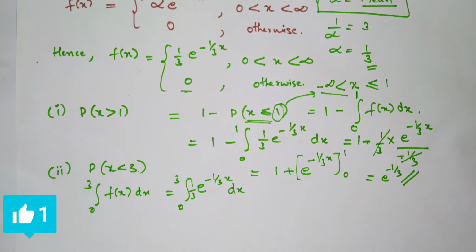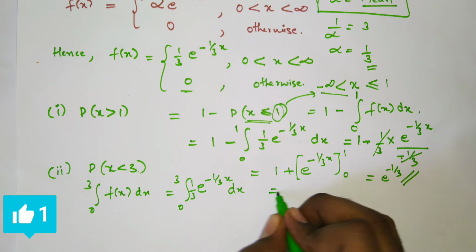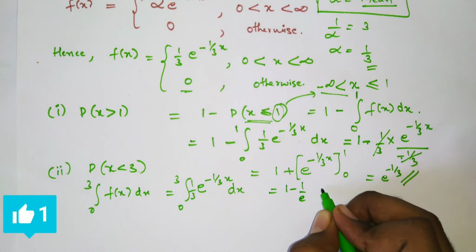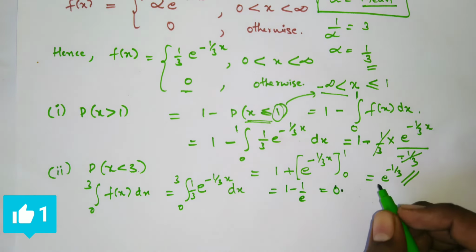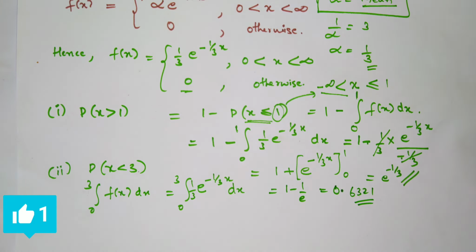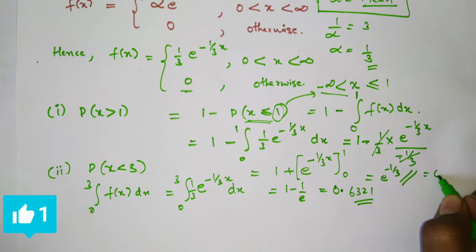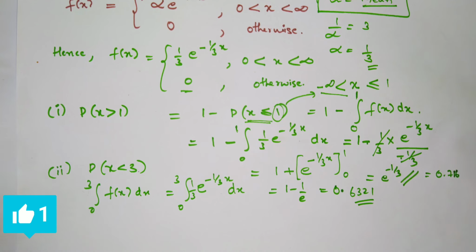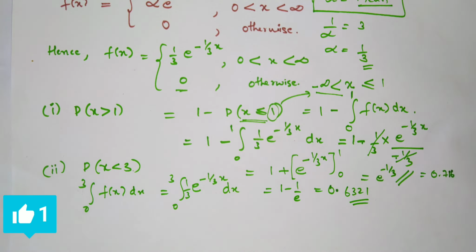After integration and putting in the values, I get 1 minus 1 by e, which is equal to 0.6321. It is the same step: just integrate, take upper limit minus lower limit, and find the values. Here also e power minus 1 by 3 you can write as 0.716. So this is all about the exponential distribution.